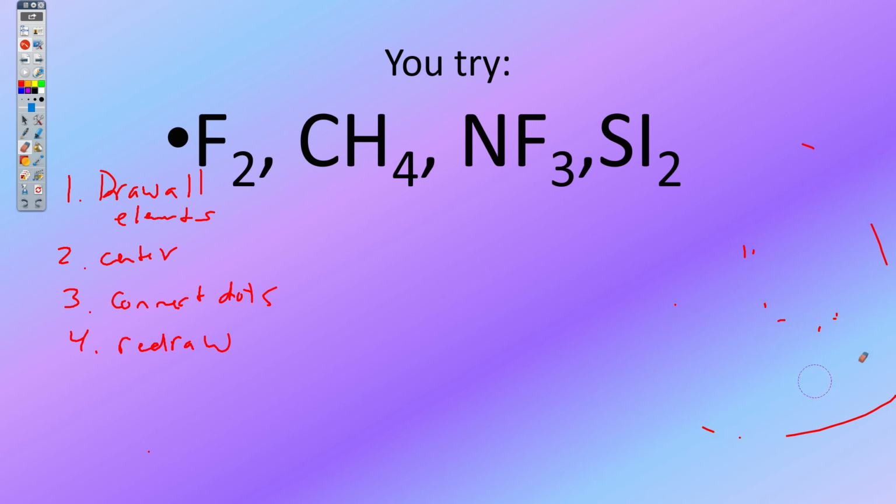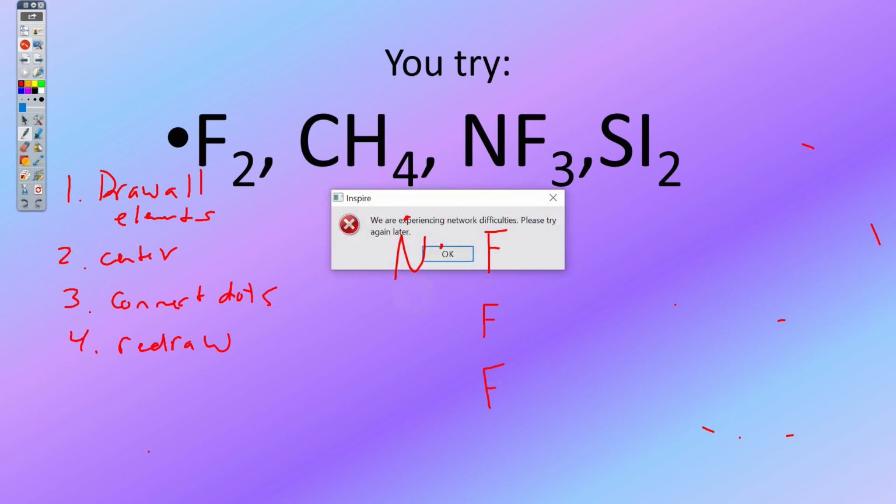NF3. Step 1, draw all our elements in, and then I got 3 Fs. So N has 5 valence electrons. Sorry, my thing's having technical difficulties.